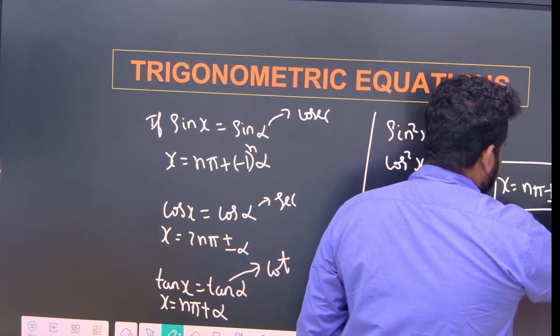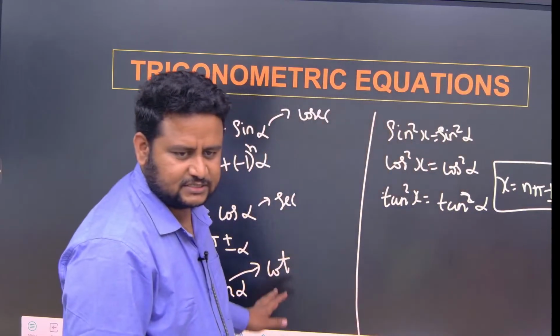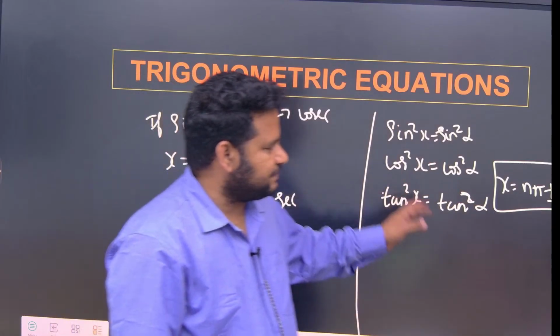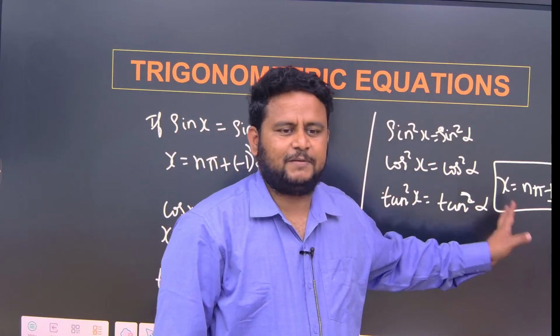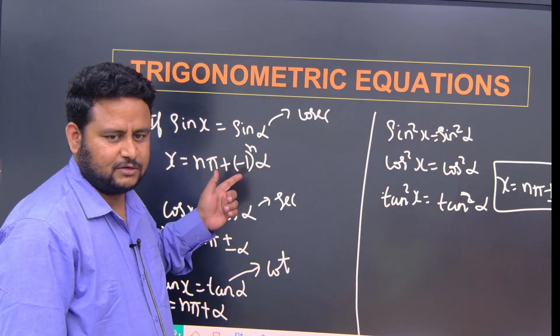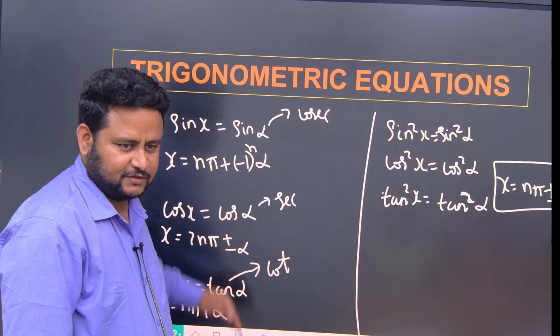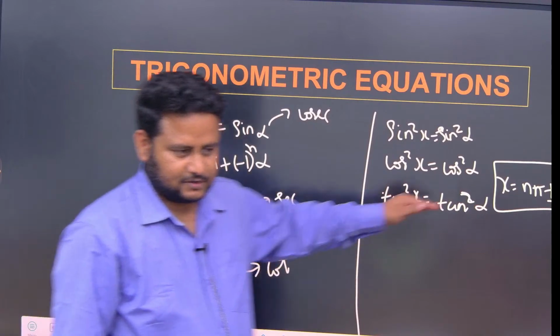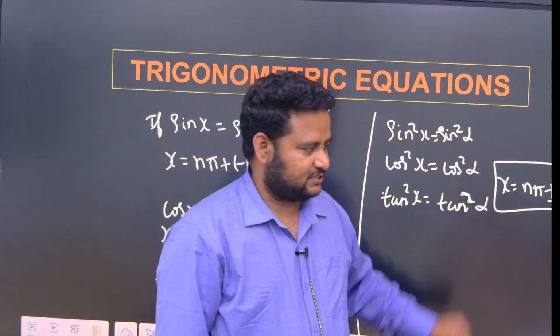Please make a note of it. Normal functions are these three, but if it is square, for everything it is n pi plus or minus alpha. This is n pi plus minus 1 to the power of n alpha. This is n pi plus alpha. This is 2n pi plus or minus alpha. This is n pi plus or minus alpha. That's it. Clear?